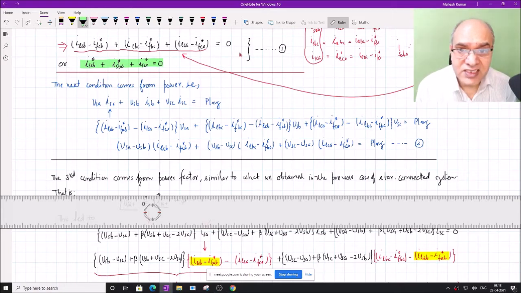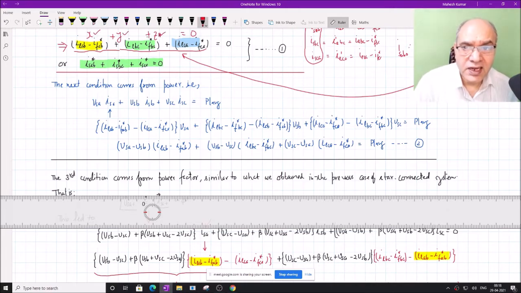Okay, and in this condition, this is one variable, this is second variable, this is third variable. It's like x plus y plus z. So this is x plus y plus z equal to 0. So we have to solve for x, y and z. Clear? Alright, let us go for the next equation.